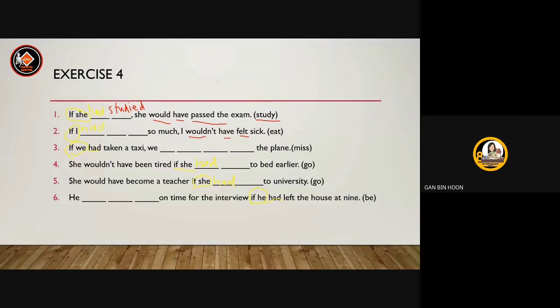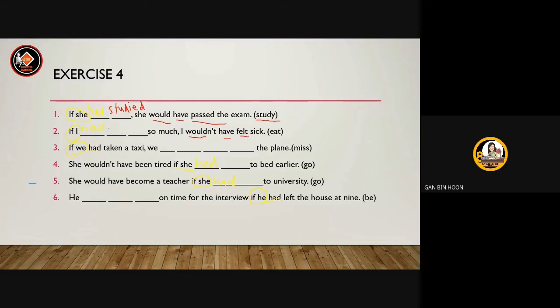So if I had so much, I wouldn't have felt sick. Answer? Eaten, teacher? But look at the sentence: if I ate a lot, I wouldn't feel sick. So it must be negative, right?